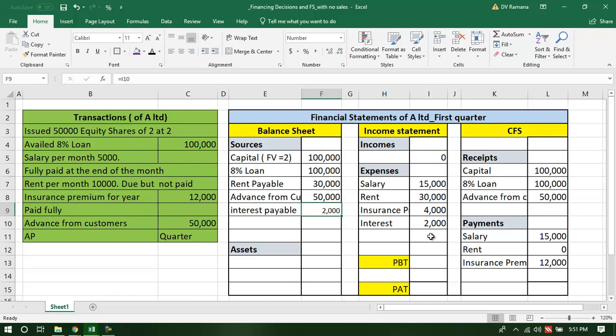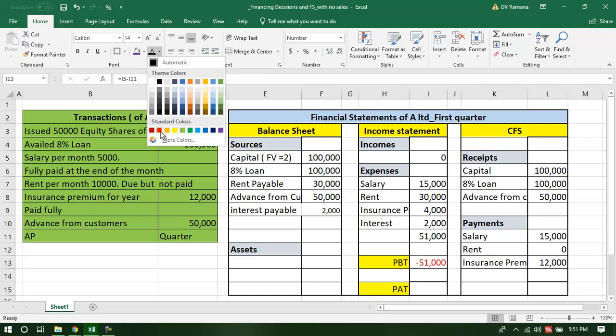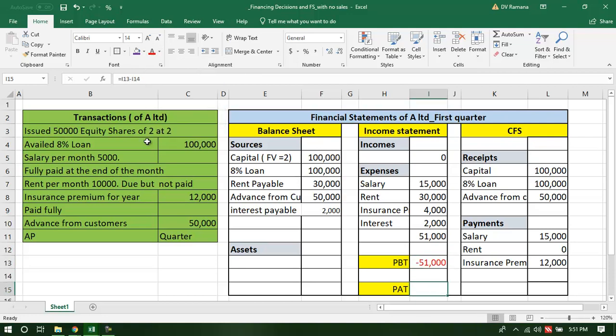So if all the transactions are done, we will find the profit and loss. Since there is no income, the profit before tax is minus 51,000, and since it's negative, PAT will also be equal to PBT because there will be no tax.